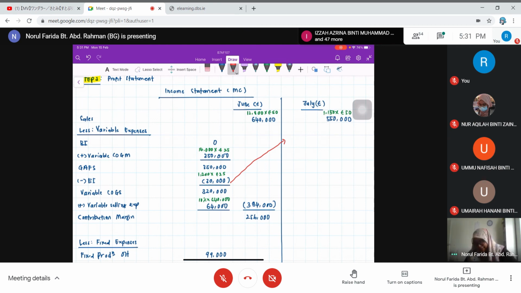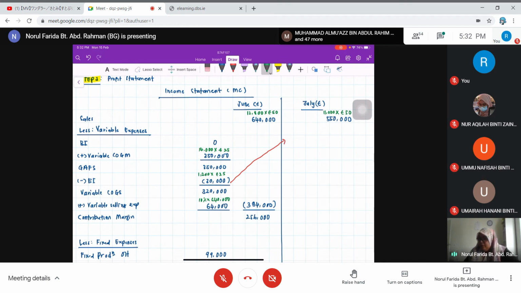Salah tulis. Tapi value dia 550 kan? Manalah aku dapat 1150 tu agaknya. Tak tahu dah. Sorry. 11,000 darab dengan 50. You dapat 550. 550 tu betul? Betul.